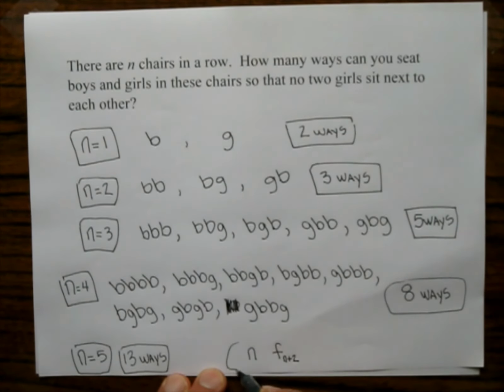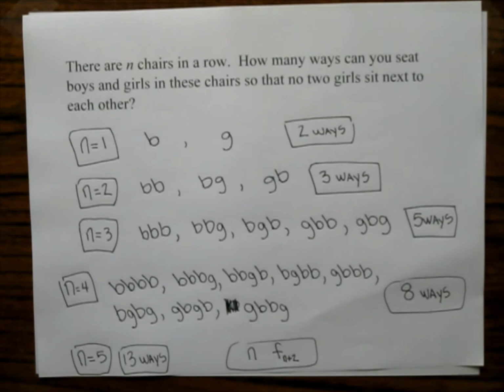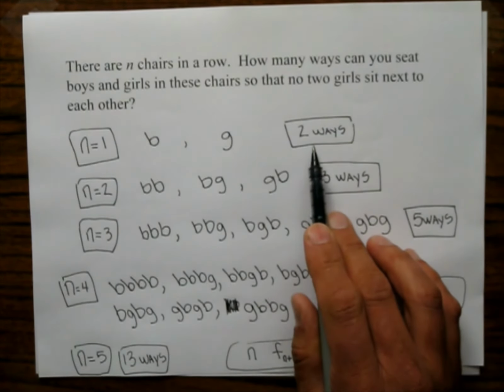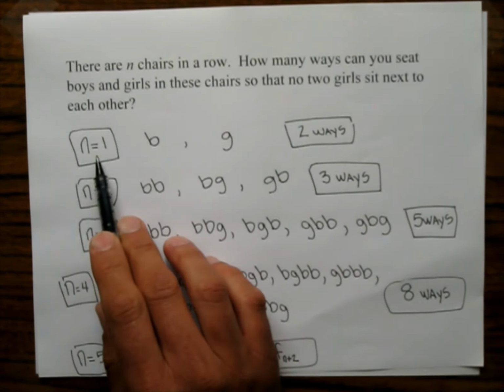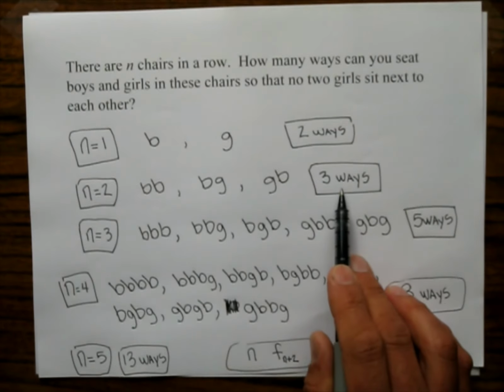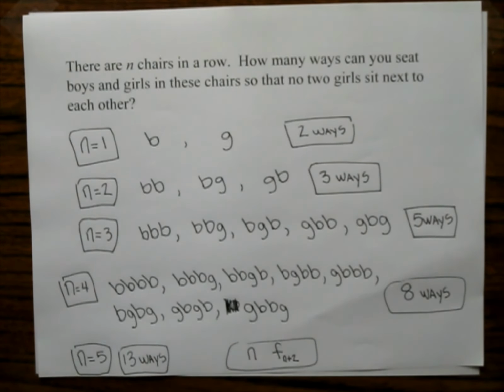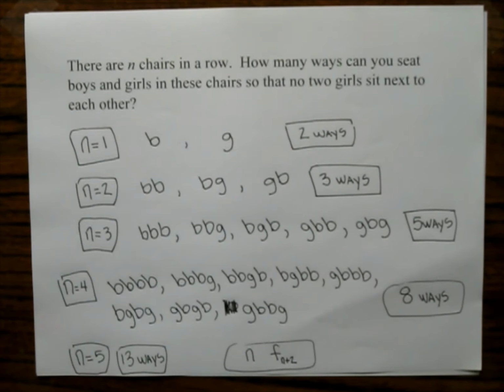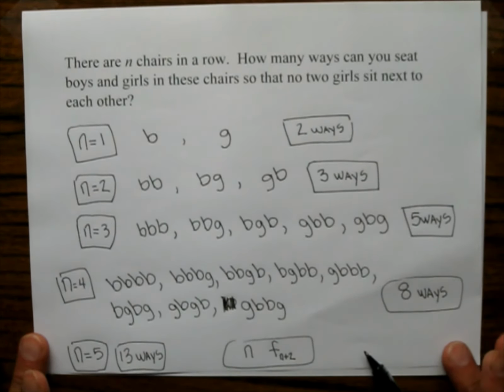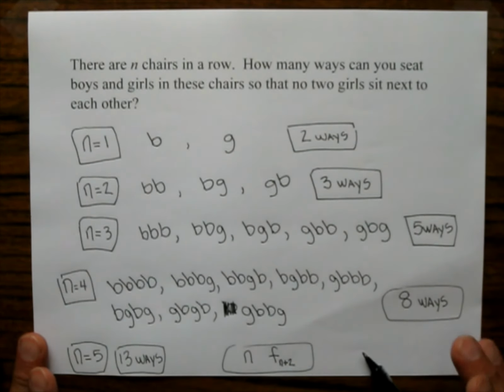Okay, now if that's confusing, don't write it down. But there it is. So if you have n chairs, then the number of ways that you can do this is f sub n plus 2. Because this right here is the 3rd Fibonacci number when n is 1, and this is the 4th Fibonacci number when n is 2. Okay, so that pretty much ends this lecture on topology and Fibonacci numbers.